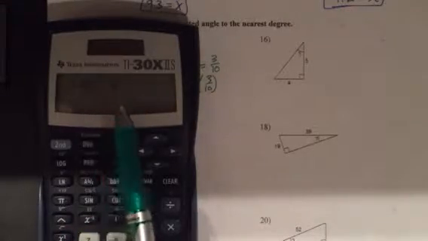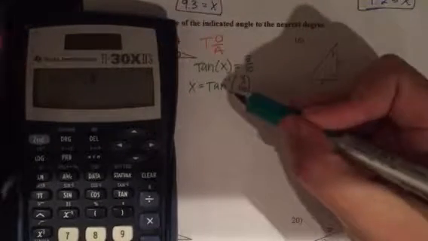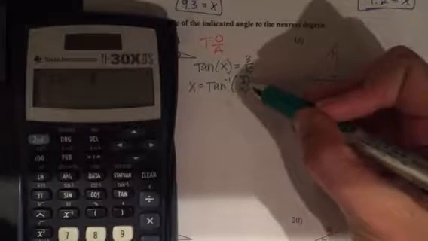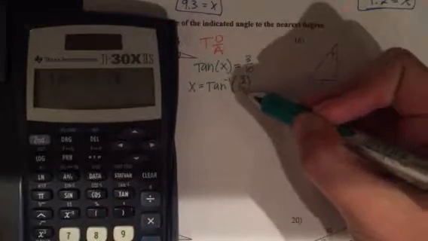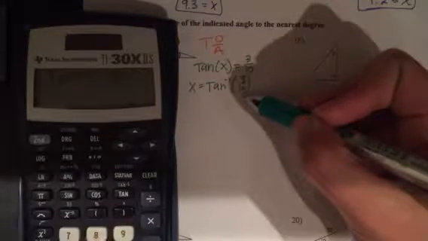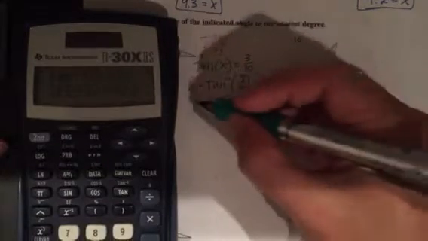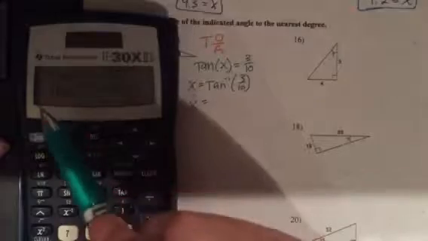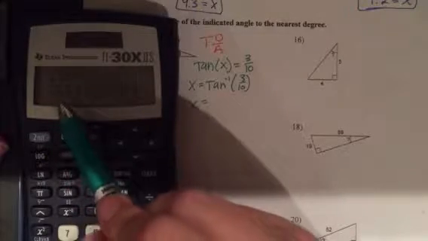We use the inverse to solve for angles. So second tangent of 3 divided by 10, close parentheses, equals, I need to round it to degrees, so 16.6 rounds to 17 degrees.